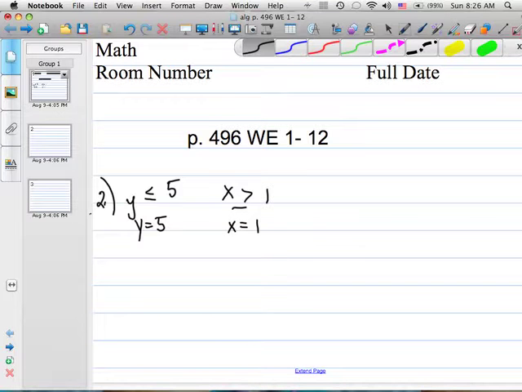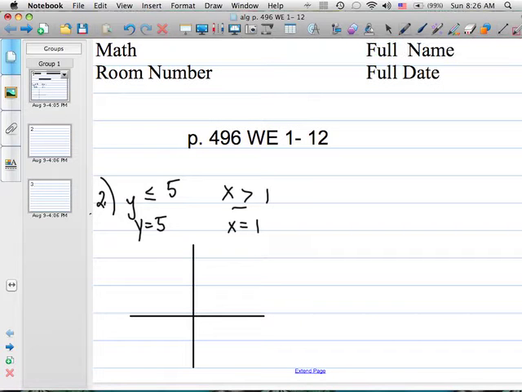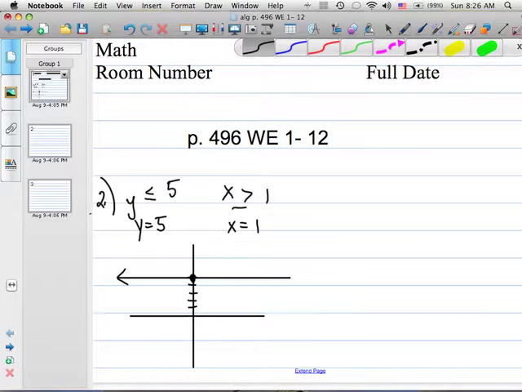So graphing, make a coordinate plane. And y equals 5 is a horizontal line going through 0, 5. And less than or equal to would be a solid line. And it said less than or equal to, so it would be shaded below.